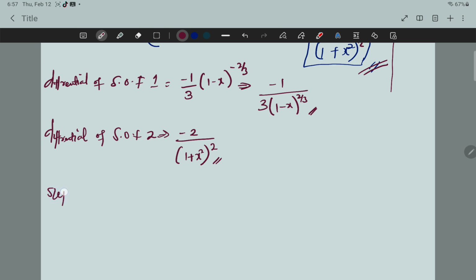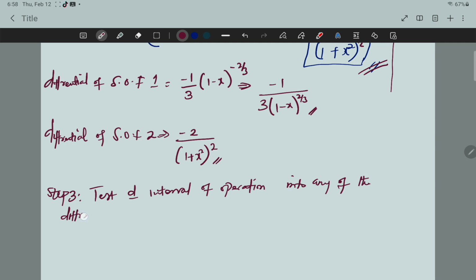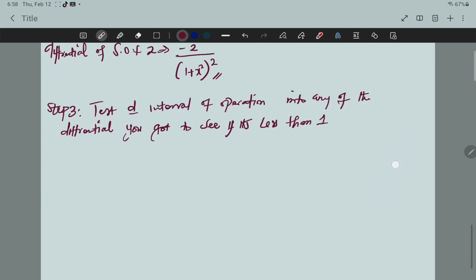Now step 3. After you have differentiated each subject of formula, we now test the interval of operation into any of the differentials that you got, to see if it's less than 1.